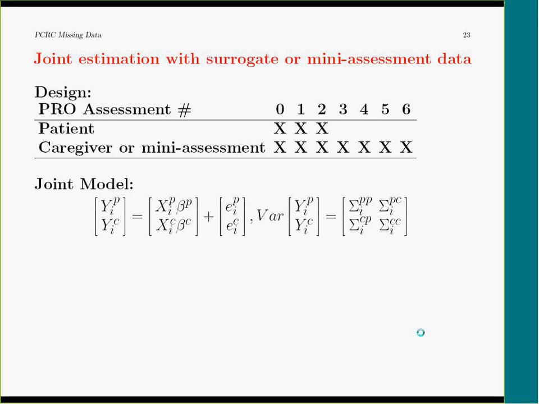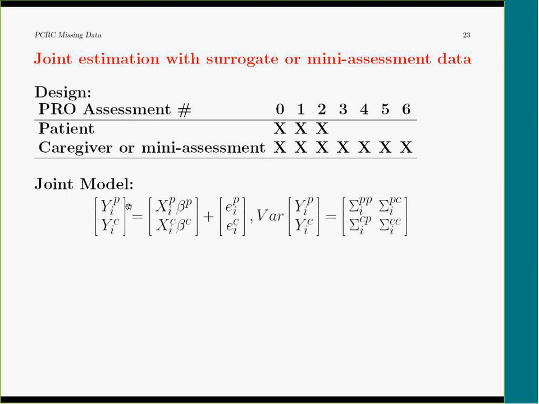The other way to use joint estimation models is to do the joint estimation with the surrogate or the mini assessment data. Again, we need the concurrent data over some time periods, and then may have follow-up using the caregiver or these mini assessments.